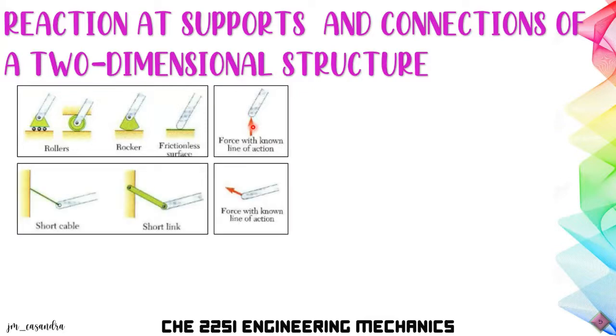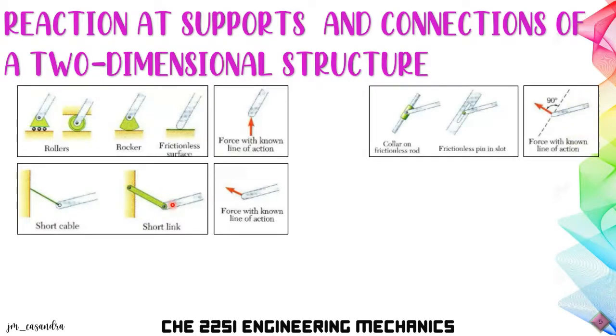Next, we have a short cable or a short link. This will also have a single force, which will be directed away from the point of connection and oriented the same way as the member.